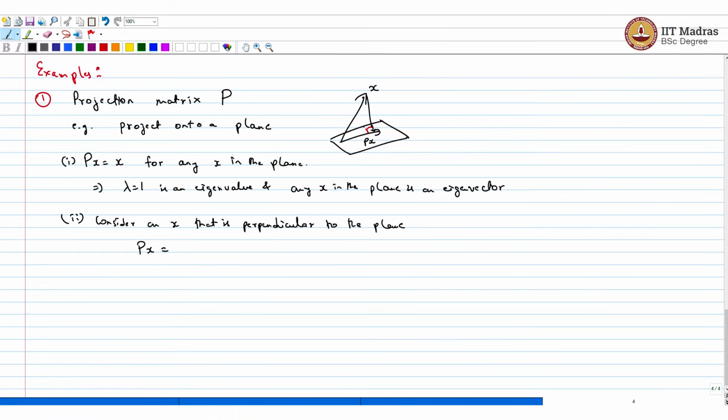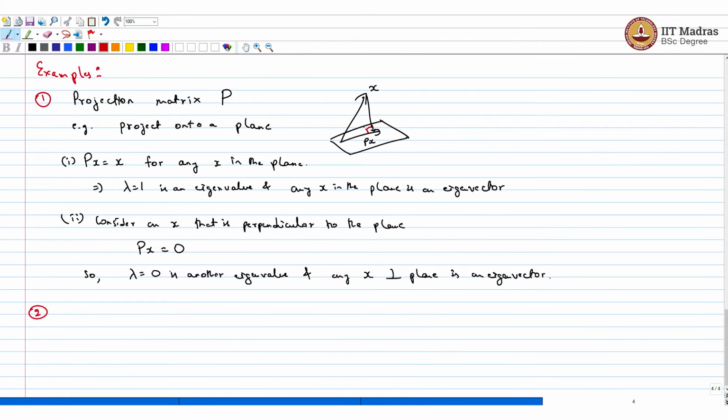If x is already perpendicular to the plane, the only projection is 0. So, lambda equals 0 is another eigenvalue, and any x perpendicular to the plane is an eigenvector. So, that is the first example.